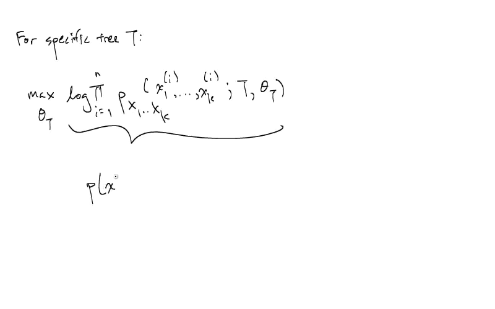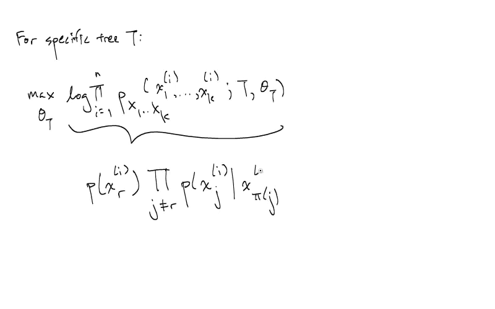So p of x r of i, I'm writing out the factorization, times the product over j, all the nodes that are not equal to the root, of p of xj conditioned on the parent of xj, which I'll denote as pi of j. Again, being informal here, I'm not writing the parameters. We'll see shortly how to deal with that. Then the product over i going from 1 to n, and then this log.